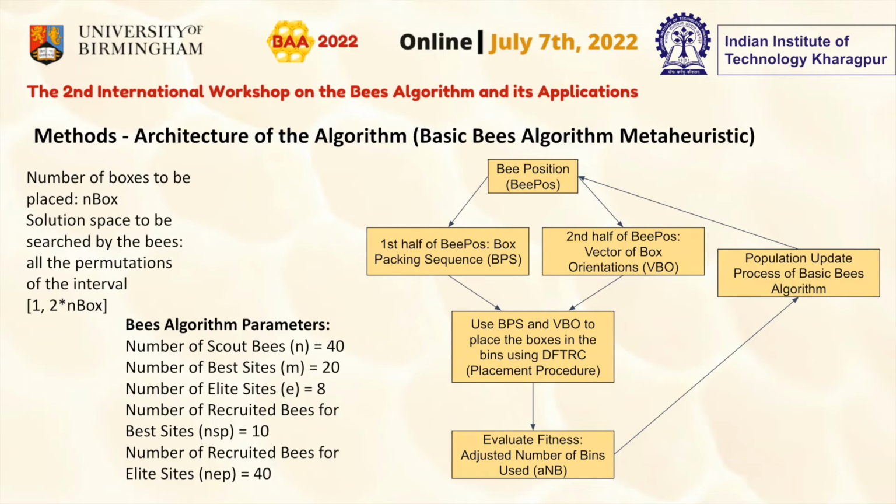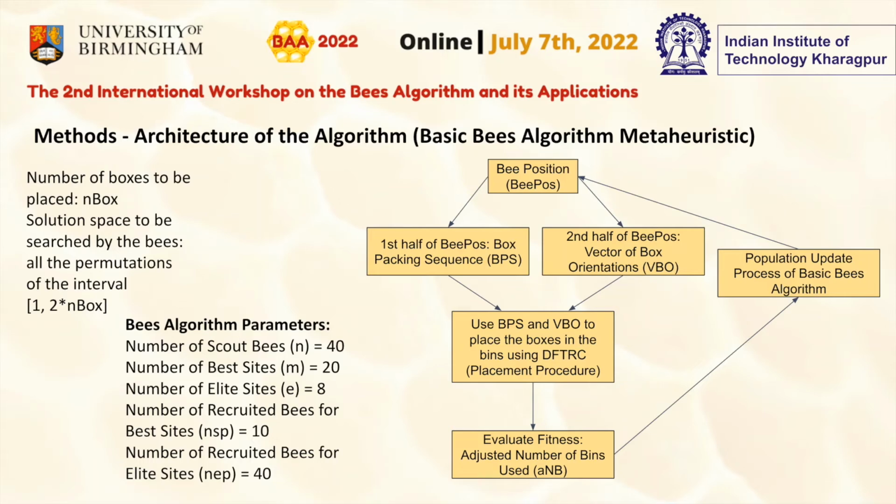After placing the boxes in the bins, we evaluate the fitness of this placement, and the parameter we've used here is the adjusted number of bins, which I'll explain again later. After we've evaluated the fitness, the Bees algorithm takes its due course, updates the population, and iterates for the given number of iterations.